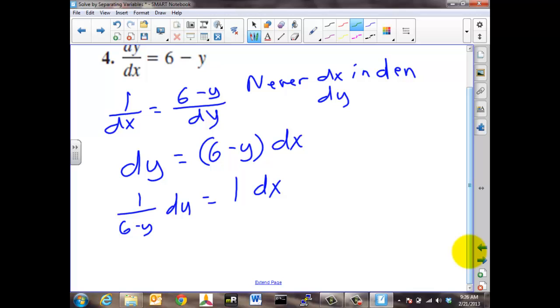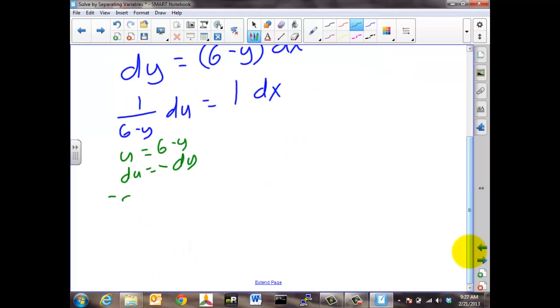You do u equals 6 minus y. So du is negative dy. So negative du equals dy. So we've got the negative integral of 1 over u du. We can go ahead and integrate the right side. What's it going to become? x.